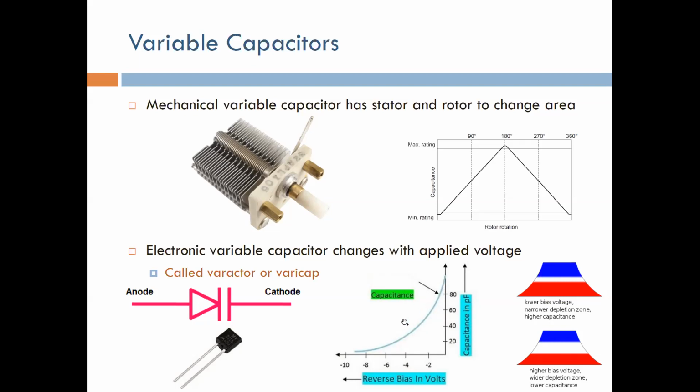And this is what is used in electronic tuners, on TVs, on radios, on mobiles, on everything. This is a very nice way of changing the capacitance without having a mechanical component involved. It's very difficult to imagine a mobile phone, or now even TVs, which are usually operated by a remote control, having something like this.